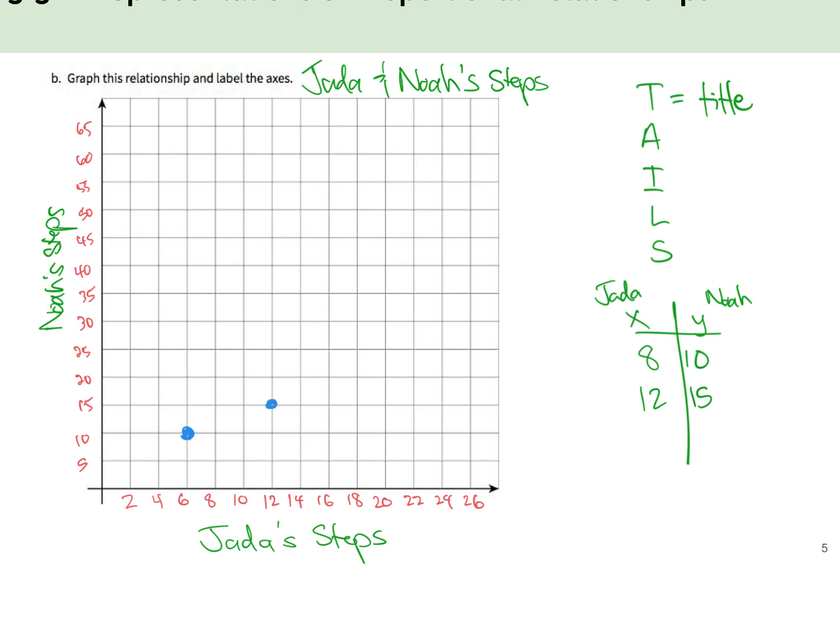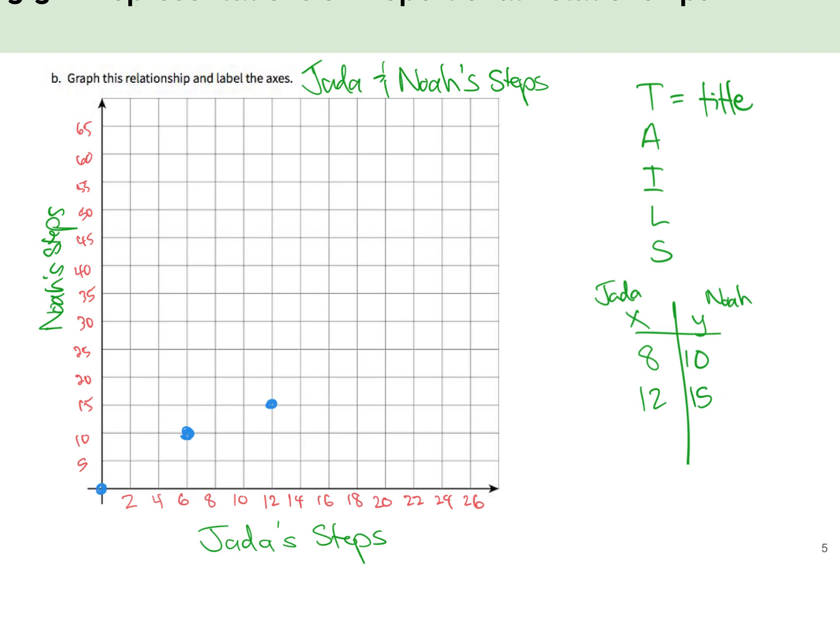So my question is, at the beginning, do Noah and Jada have any steps? If they're counting the number of steps, they're actually going to start at 0, 0. Because they didn't say, oh, we have already started to count. We're going to begin to count.